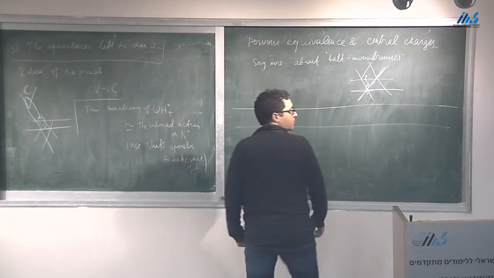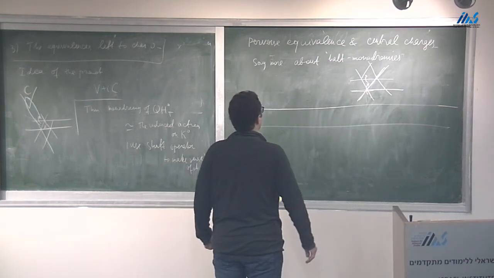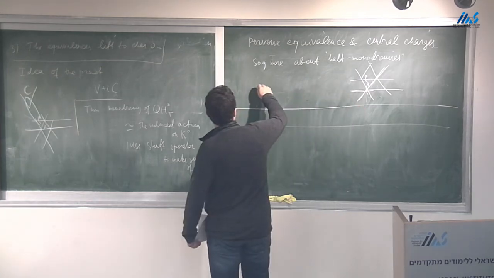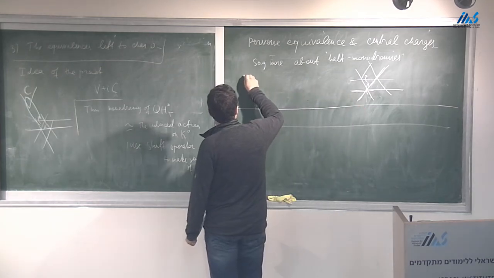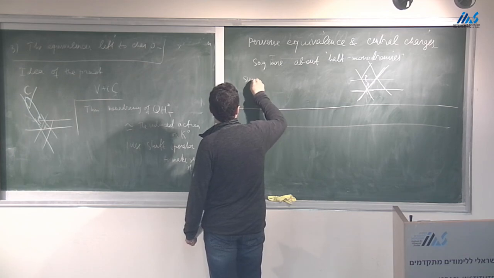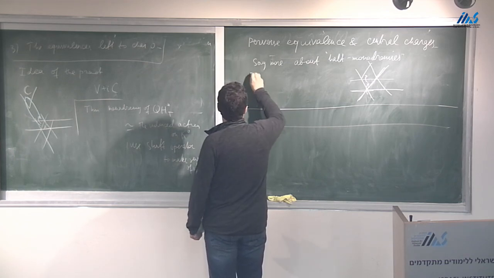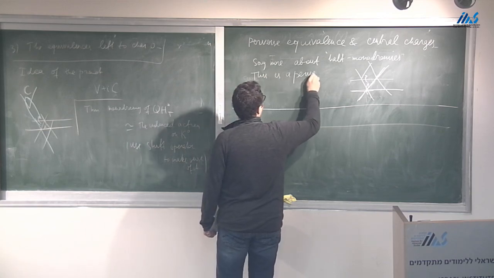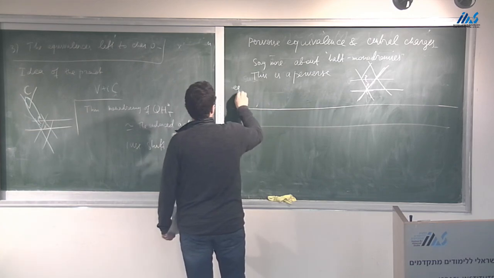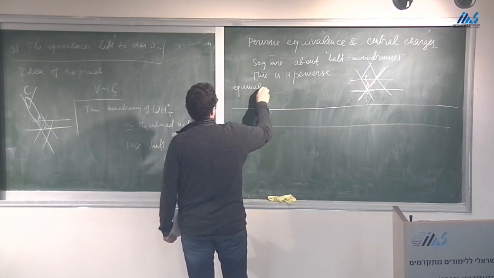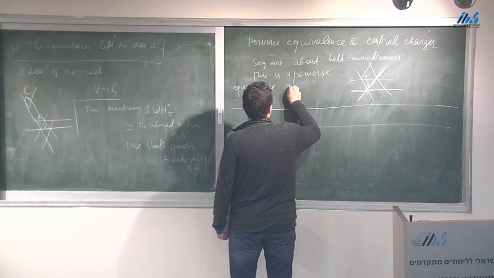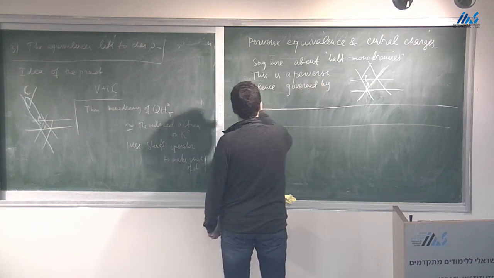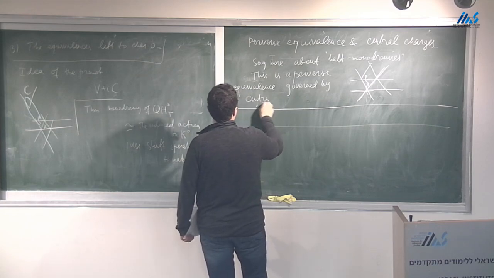And maybe I don't have time to explain in detail, but I will say that such an equivalence is a perverse equivalence, and the part that Ivan didn't explain is that it's governed by central charge.